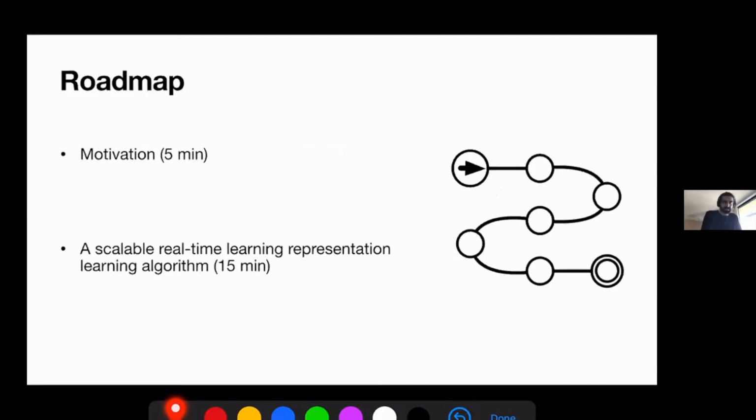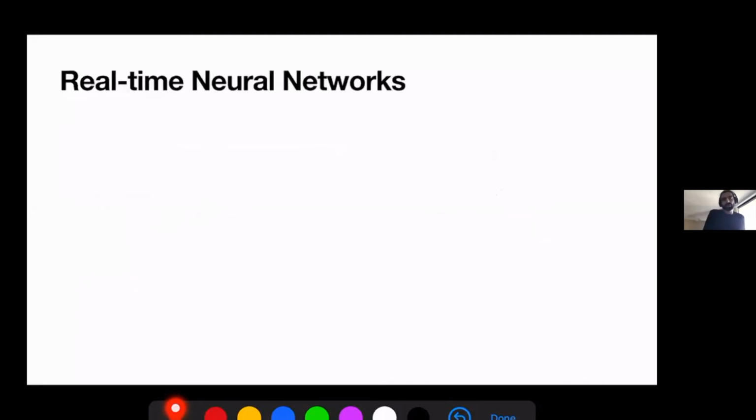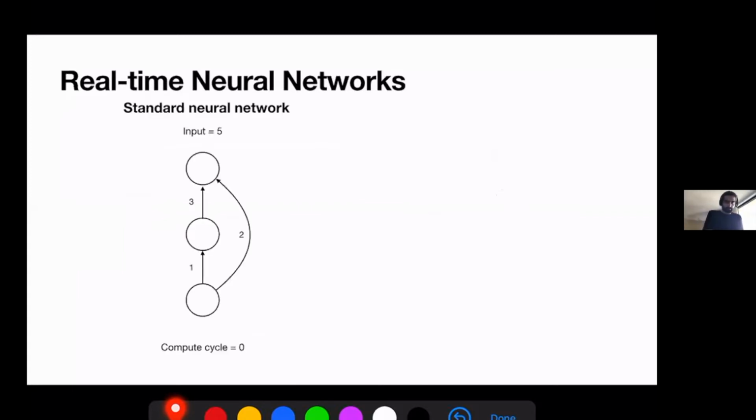Okay, so that said, now let's jump into one example of an algorithm which satisfies these criteria. First, I'm going to define something I call real-time neural networks. The goal here is that we want computation to be completely distributed and also scalable. Now let's look at a standard neural network. A standard neural network already has fairly distributed computation, but it has one issue: information processing in different layers happens sequentially.